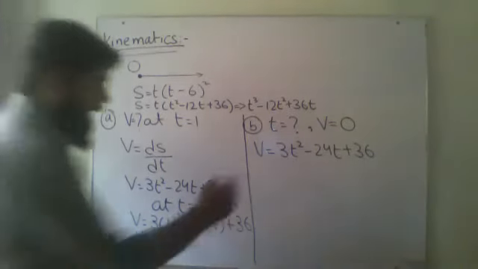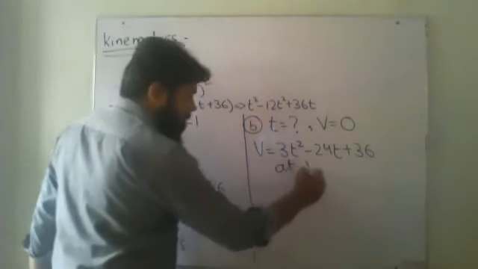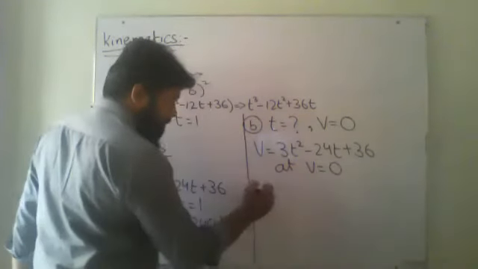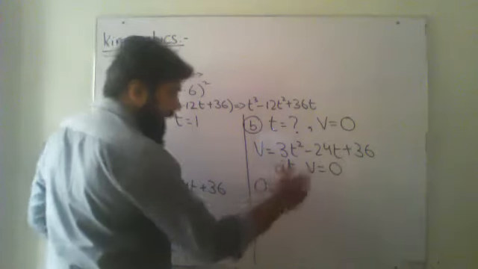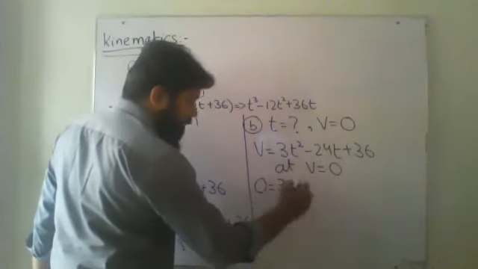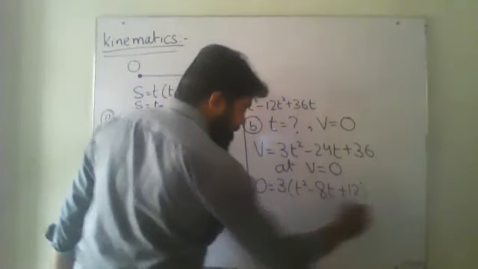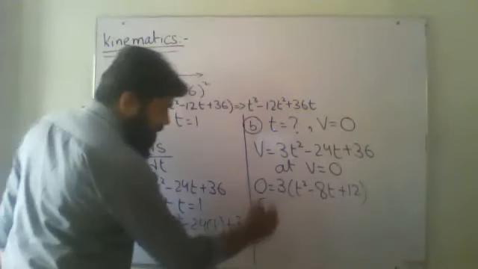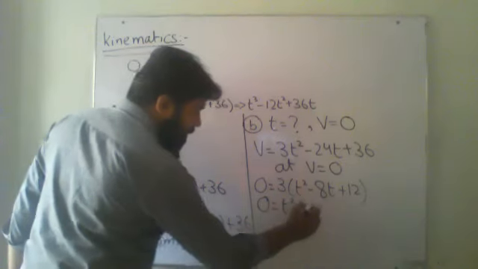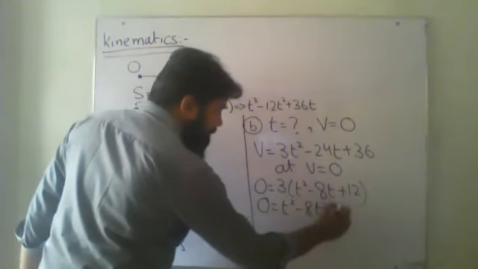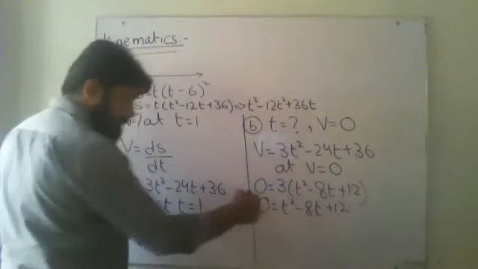Now at v equals 0, 0 equals, taking 3 common, 3 times (t square minus 8t plus 12). So this will become 0 equals t square minus 8t plus 12, because the 3 I have shifted over.